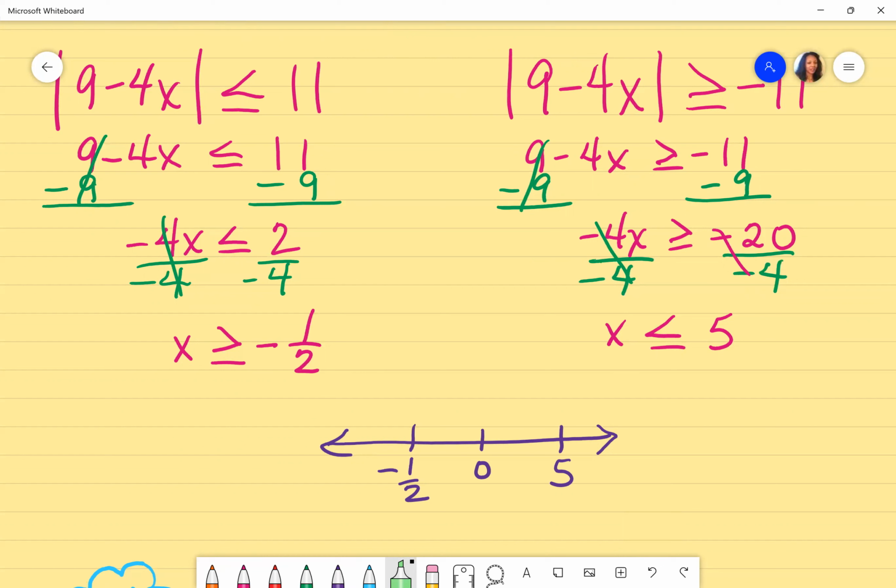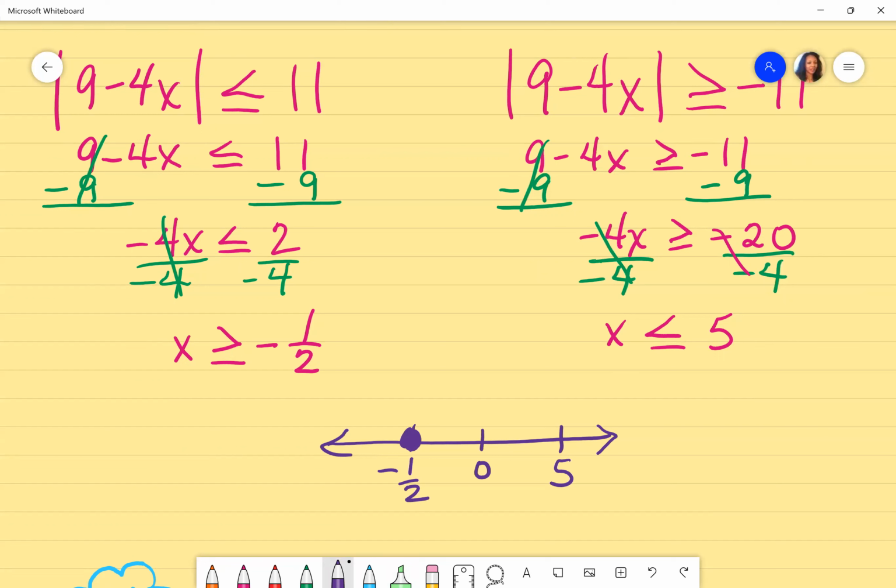So it's telling me that x is everything greater than negative 1/2, meaning it's going to the right. And it also tells me greater than or equal to. That equal to means that I'm going to have a closed circle. So at negative 1/2, I have a closed circle.